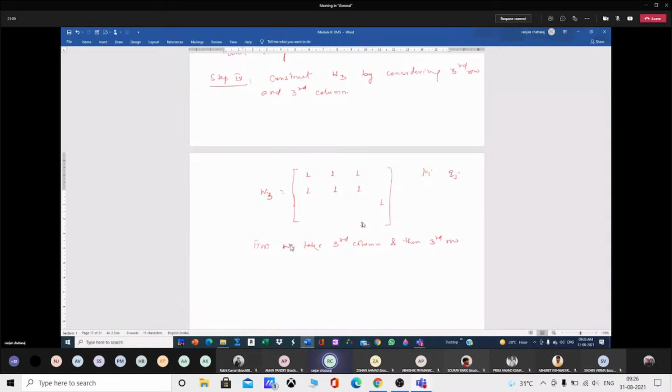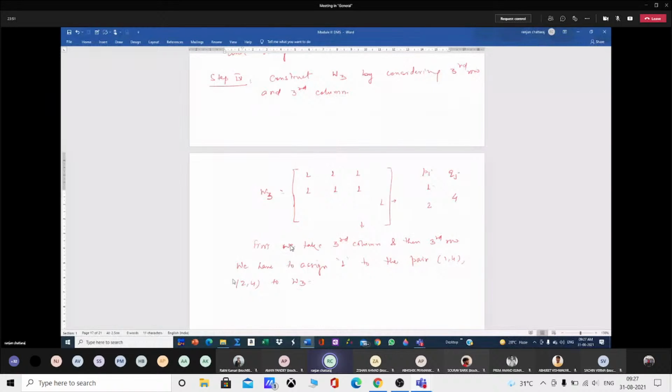Tell me, third row, this, third row, 1, and 2, this. So Pi, I have the entry 1, 2, good, and Qj, it is 4. Good. So we have to assign 1 to the pairs 1, 4 and 2, 4 in W3.